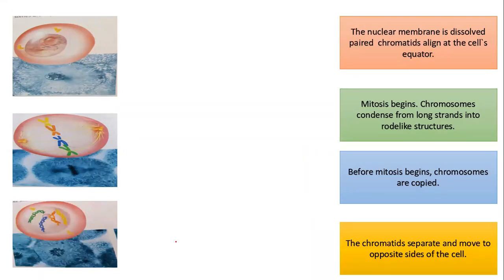So in metaphase, the chromatids align. Here, no nuclear membrane. We call this phase metaphase.